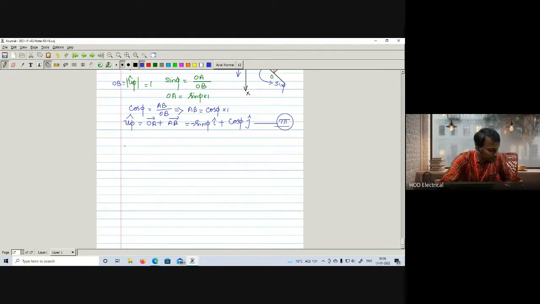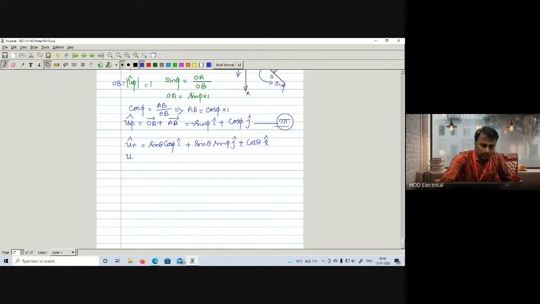Let me summarize once again. U r hat is equal to sin theta cos phi i-hat plus sin theta sin phi j-hat plus cos theta k-hat.